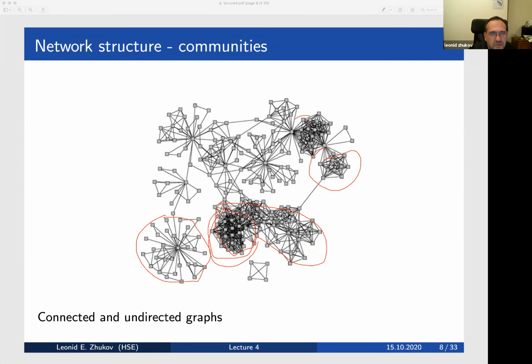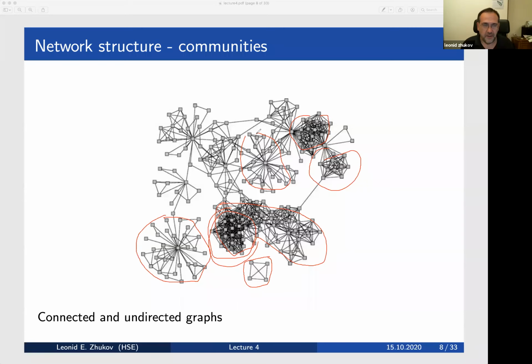In fact, these 4 nodes are a clique, by the way. So there are groups of nodes that are more connected among themselves than with the rest of the graph. And with our eyes, we can detect them very easily. The question is, can we detect them automatically?